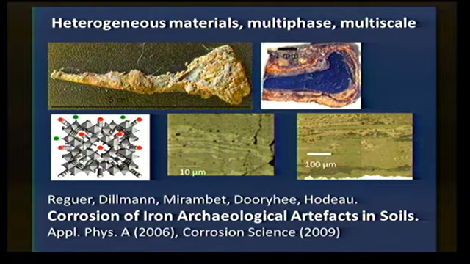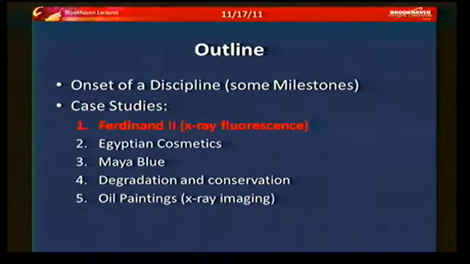We want to keep the layers intact, and we don't want to expose those materials in air. We want to keep the object intact. So this sort of picture here is very typical. That's what we try to do in a number of cases at different scales.